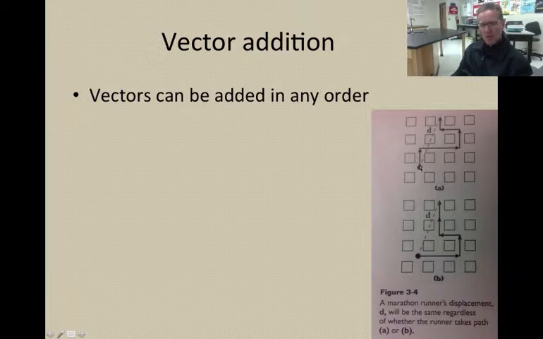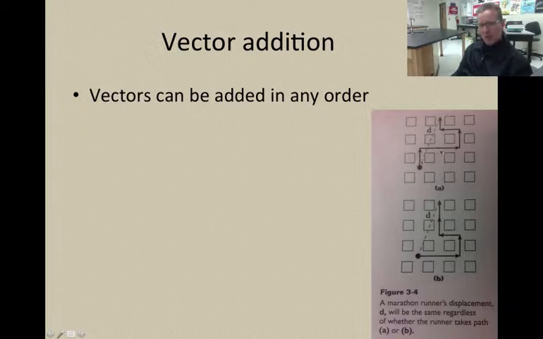When we draw these vectors, we have the tail and then the tip, and we put an arrow pointer at the very end on the tip. So we arrange these tip to tail, tip to tail.